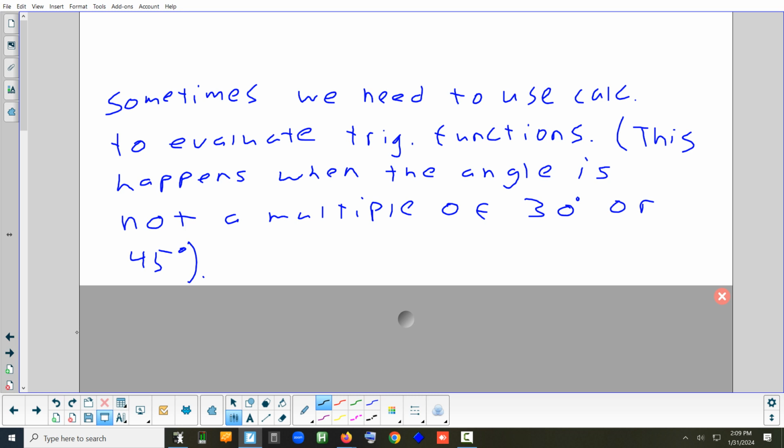Technically, you could do the 15s, since you can always do half of what you know how to do. But we're only focusing on the 30s and 45s. Otherwise, we're going to use the calculator.